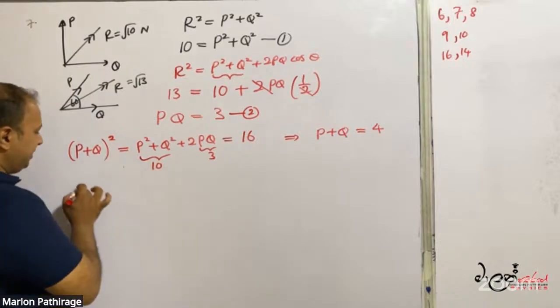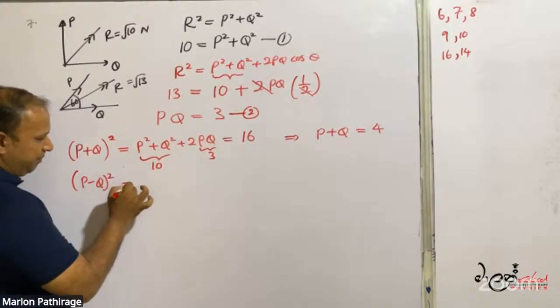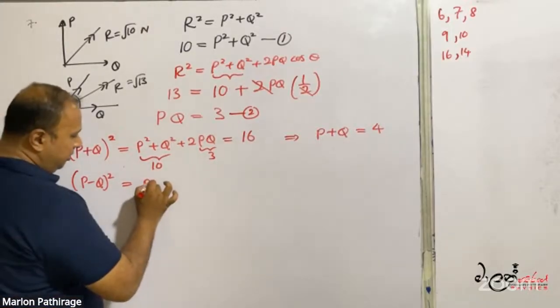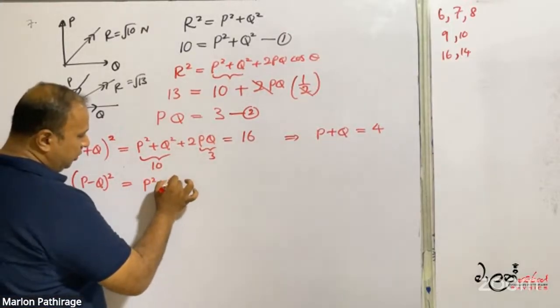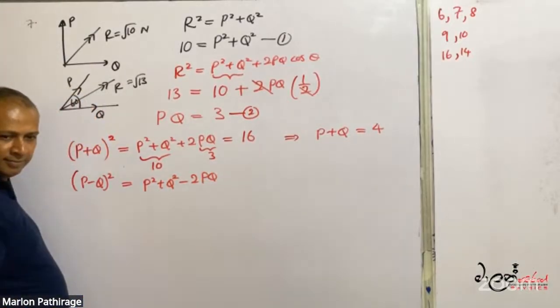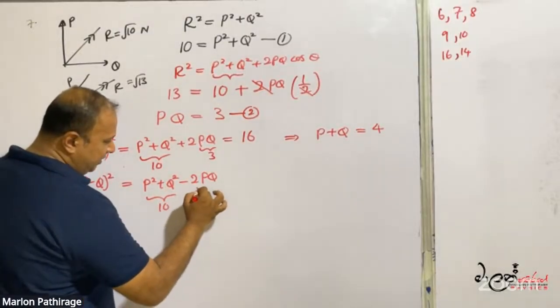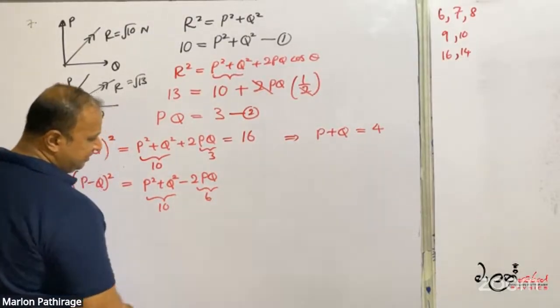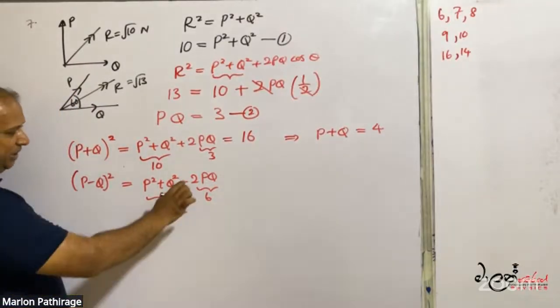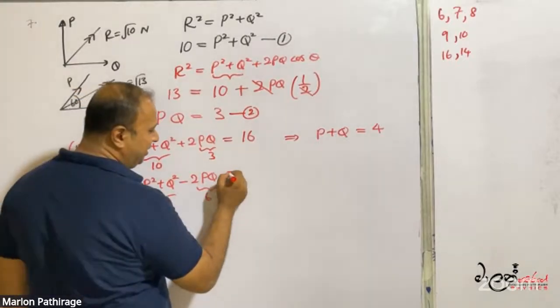Similarly, I can take (P minus Q) squared, which is equal to P squared plus Q squared minus 2PQ. This one is 10 and this one is minus 6, because 2 into 3 means 6. Therefore, 10 minus 6 is equal to 4.